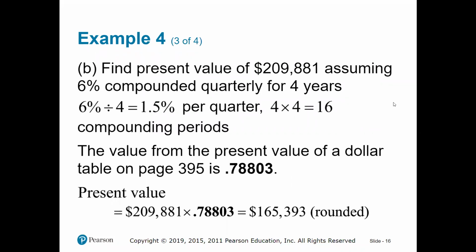Okay. Find the present value, assuming 6% compounded quarterly for 4 years. You're going to get 165,393 rounded. Again, anything in bold there they got from a table.